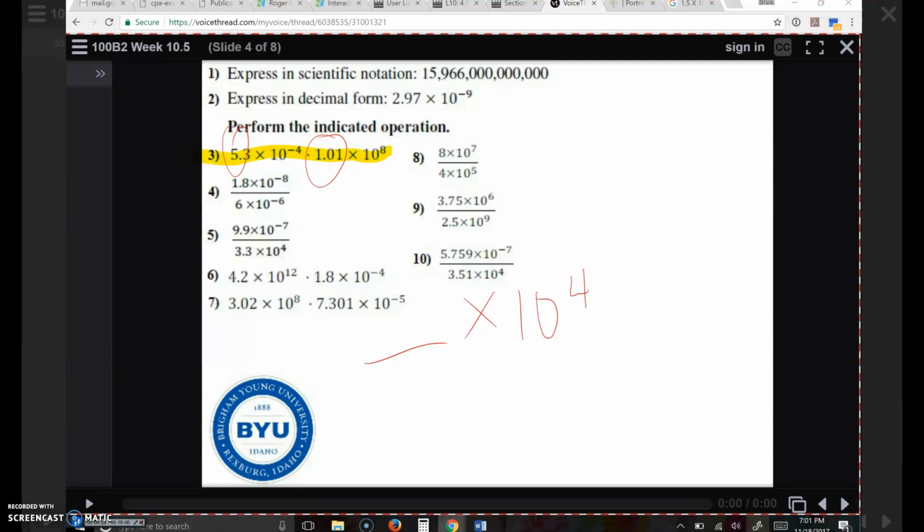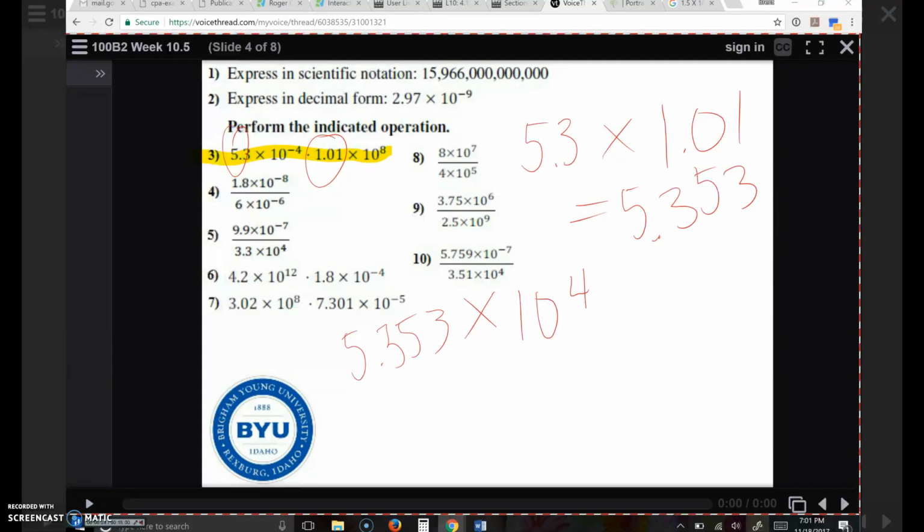And if you do that on your calculator, let me just write that up here. 5.3 times 1.01 equals 5.353, if I did it right. So now we can fill this one in here. We can say 5.353 times 10 to the 4th.